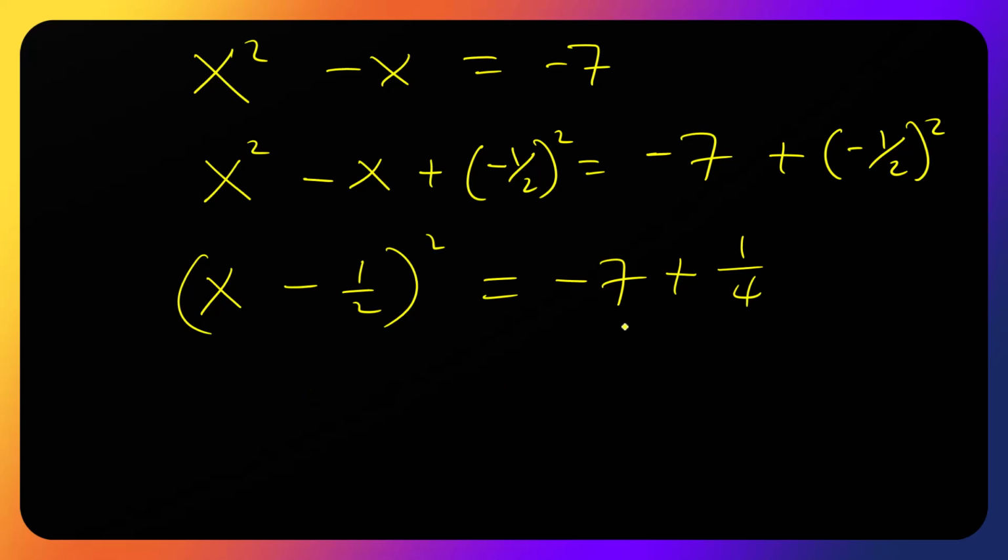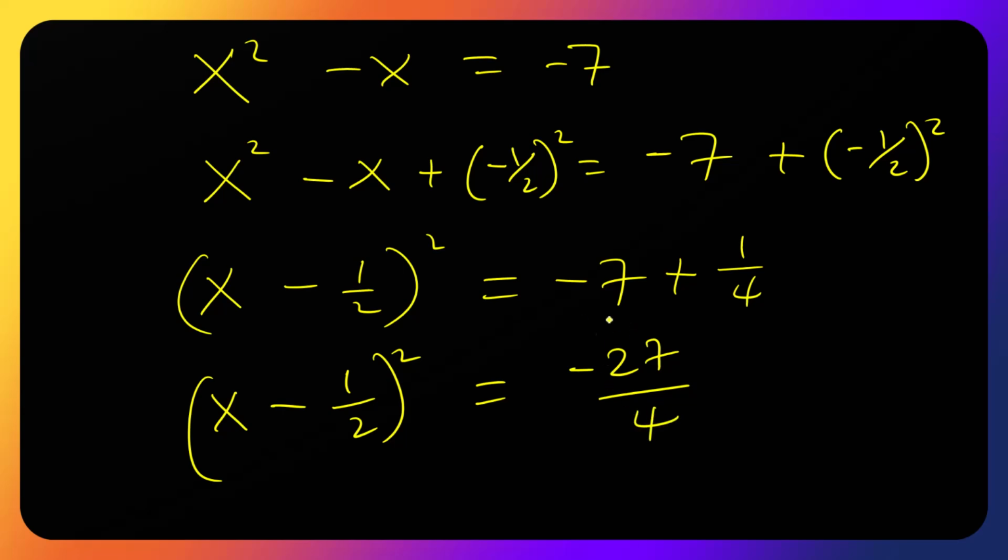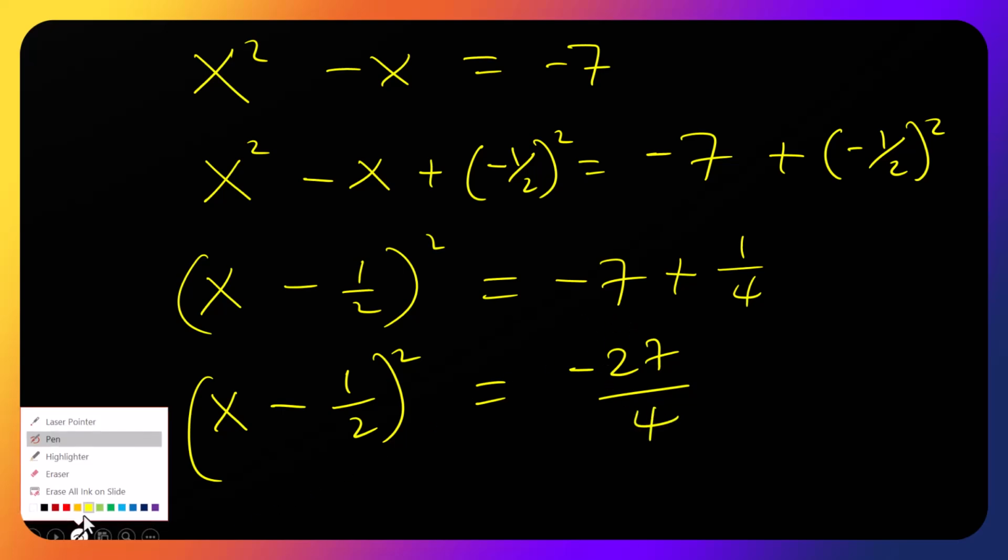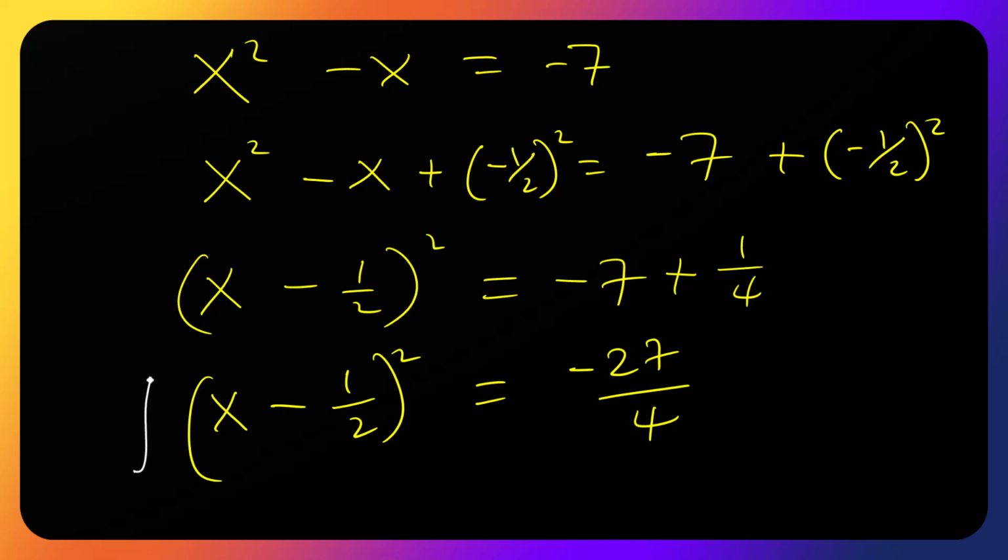So minus 7 plus 1 over 4 on the calculator, (x minus half) squared equals minus 27 on 4. Now let's take the square root here.